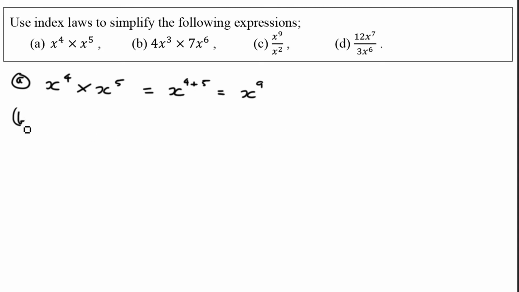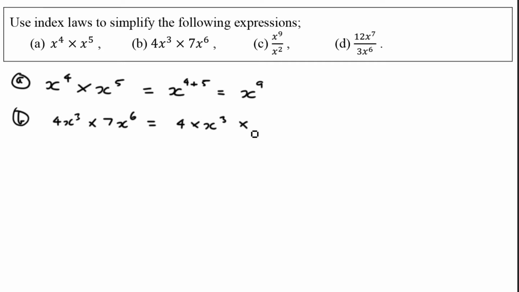In part B, we can apply the same law to 4x cubed multiplied by 7x to the 6. It might help us to realize that 4x cubed, for example, means 4 times x cubed. The power 3 is only attached to the x, not to the 4. If it was attached to the 4, the 4x would have to be in brackets before we cubed it.